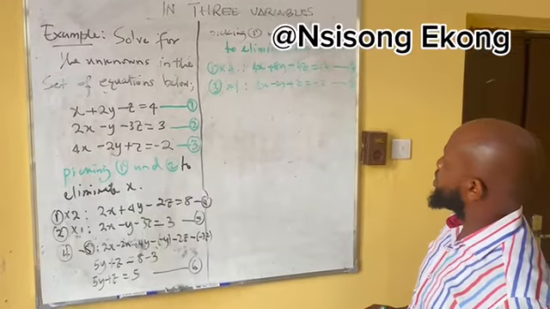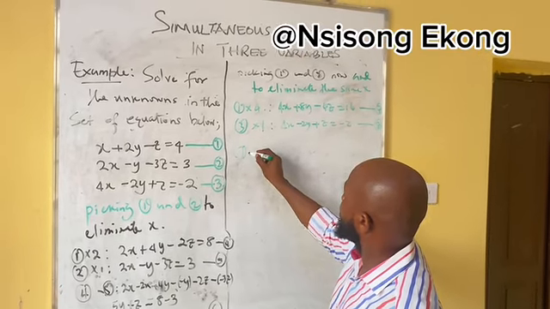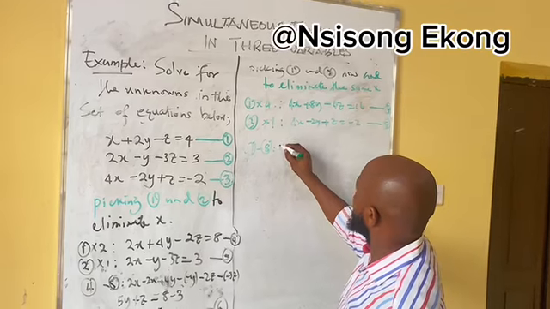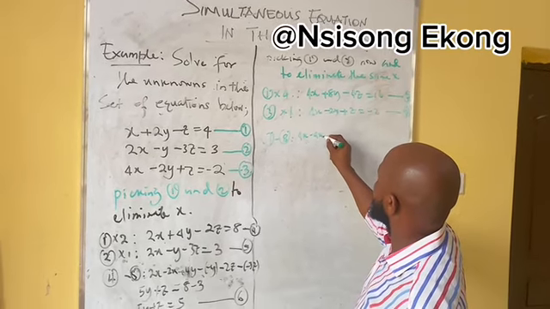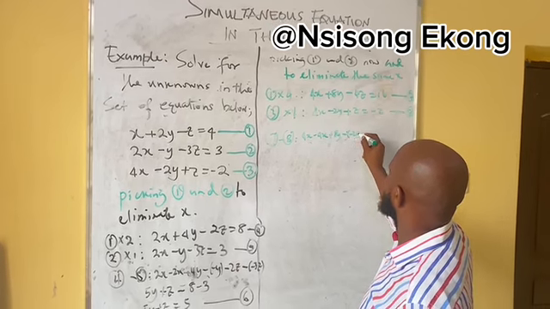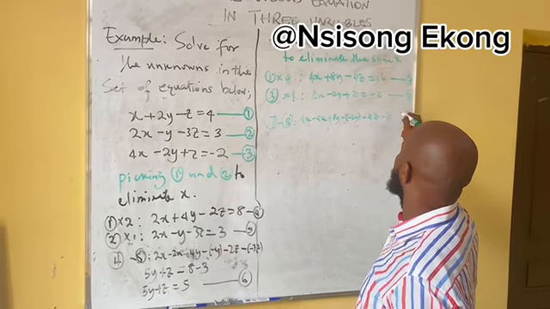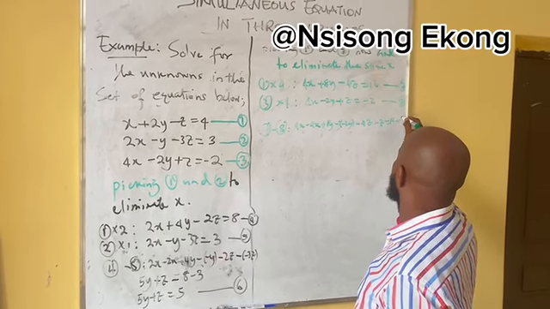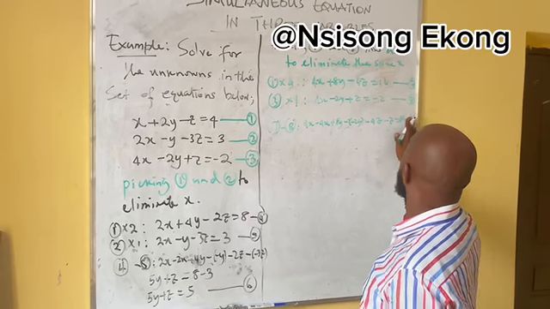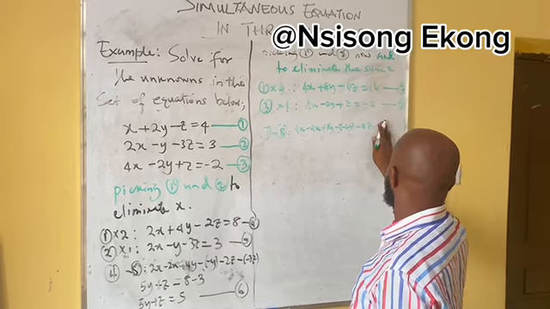Okay, to eliminate x now, we simply say equation 7 minus equation 8. And that will give us 4x minus 4x, plus 8y minus 2y, minus 4z minus z, equals 16 minus 2. Let's write that so I can have enough space.